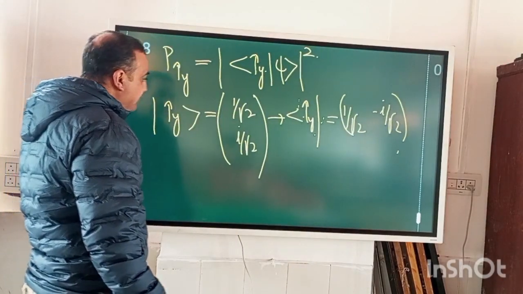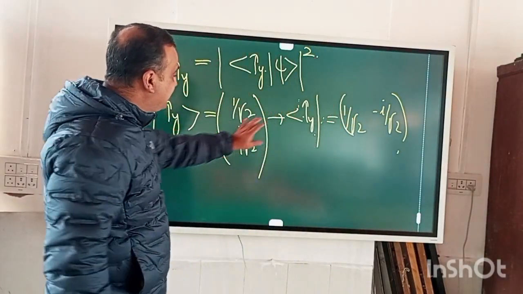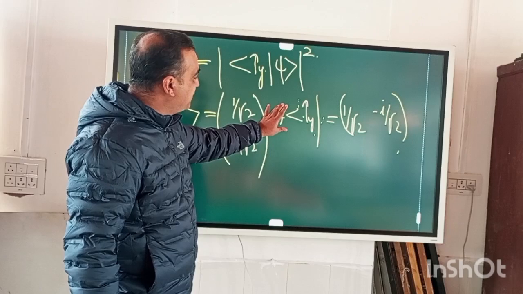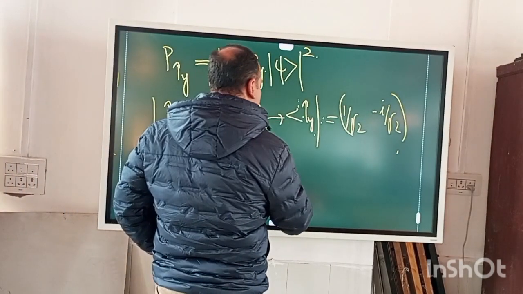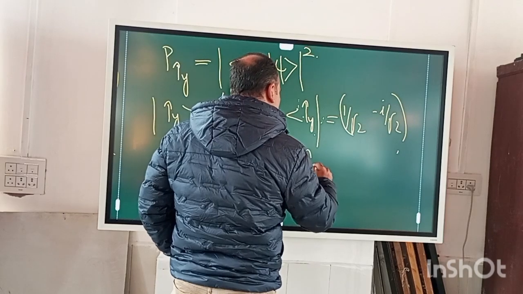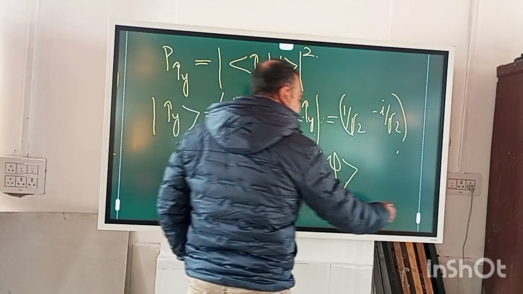So in doing this, we will act this bra of spin up along y on my state vector, so it has to act on psi, and psi is already defined in the problem.